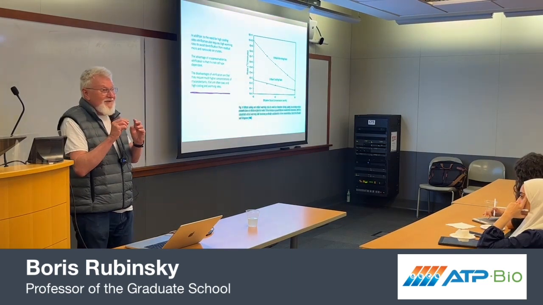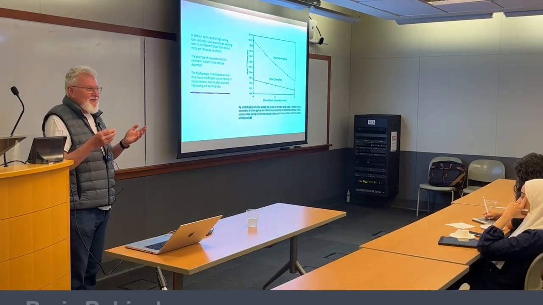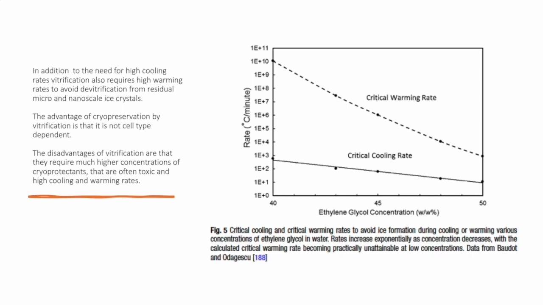So warming rates are very important, and actually they have to be much faster than the cooling rates to avoid the formation of ice in those metastable pockets inside the solution.